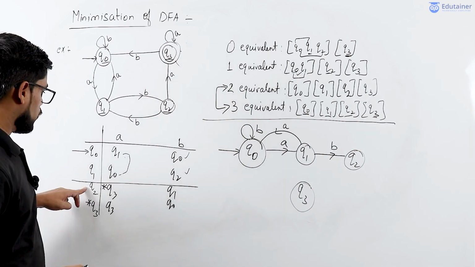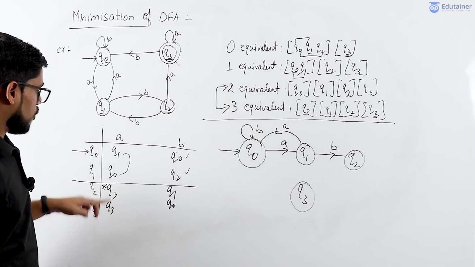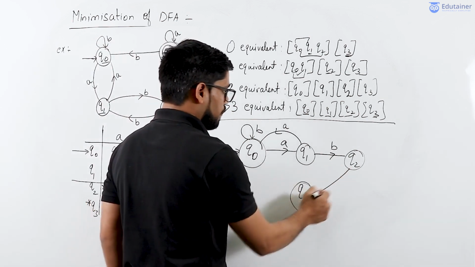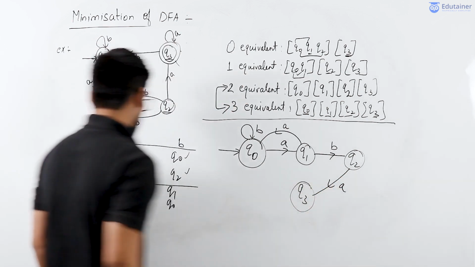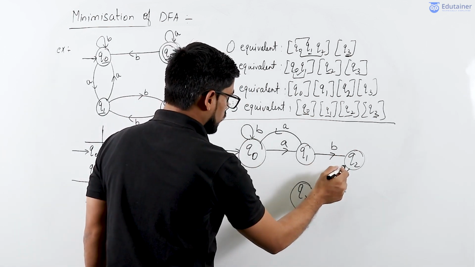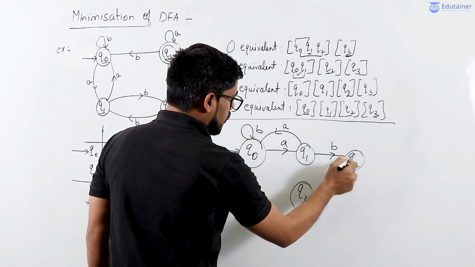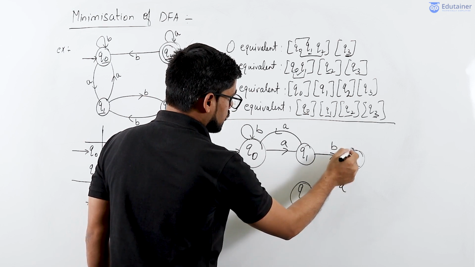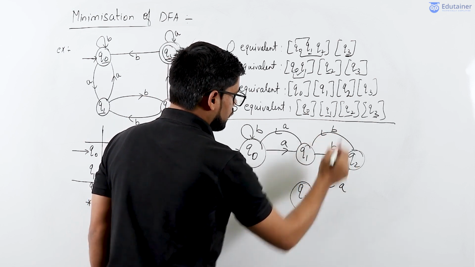Similarly, Q2 on small a will go to Q3, and on small b it will go to state Q1.